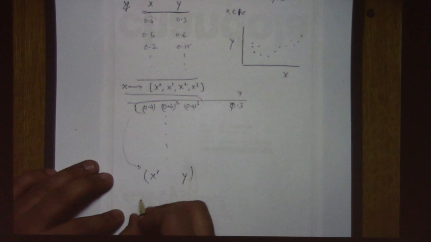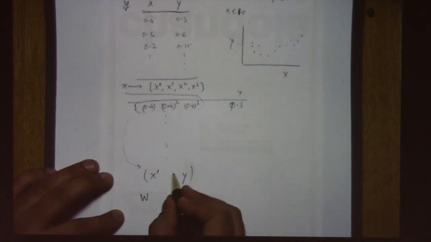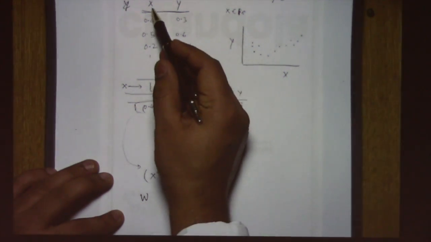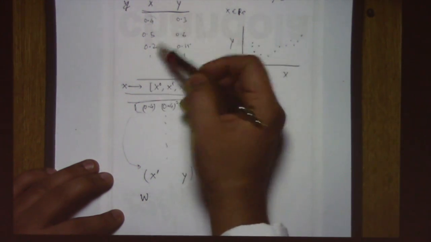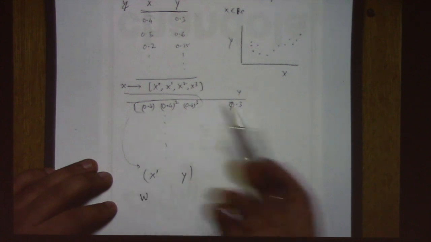So now you will learn a w. If you had done linear regression here, with the bias, your w would have two elements, right? But now your w will have four elements. So that means that it is no longer a line in 2D space. It's actually a plane in four-dimensional space, right?